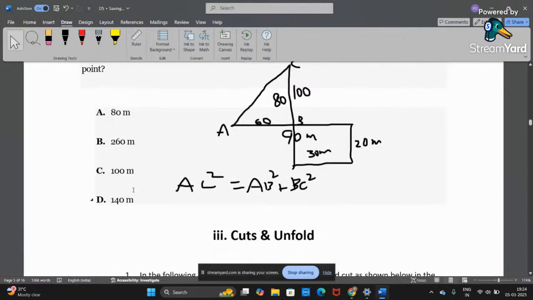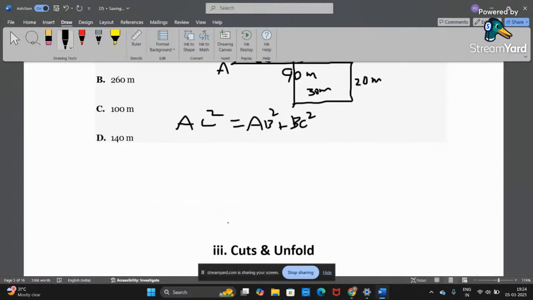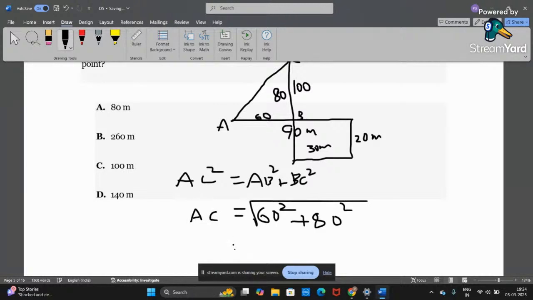What we have to do here? What is AB value here? 60. Here it is square, so I am writing square. BC, it is 80. 80 square. We need to find AC. The square we will write as root here.